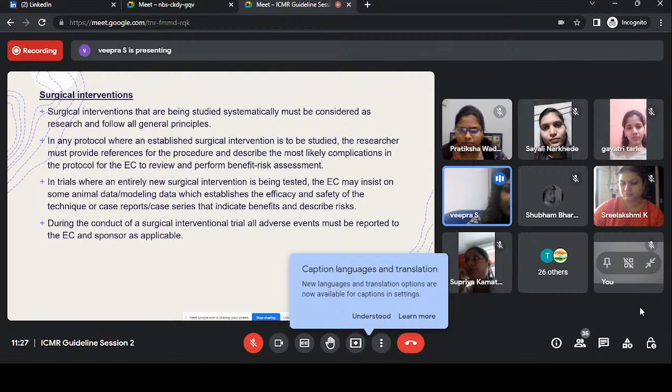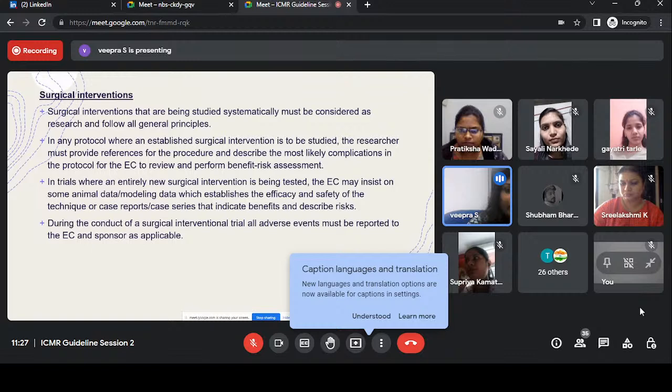And if any adverse event or serious adverse event happens, it must be reported to the EC and the sponsor. Then it is also mentioned that due to ethical issues, sham surgery should not be included in the trial design.